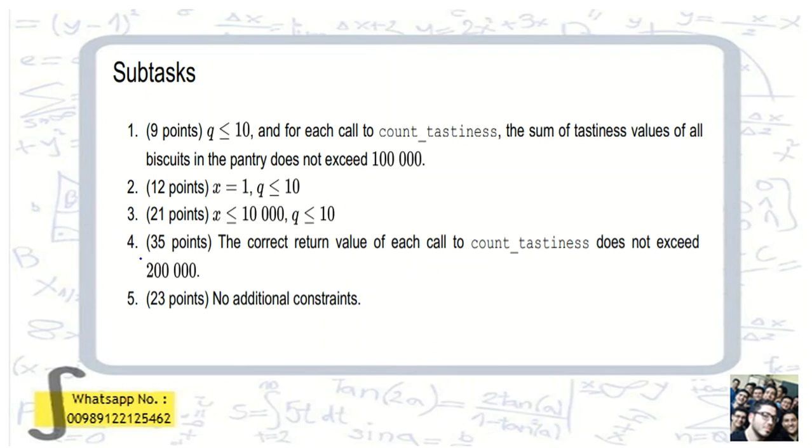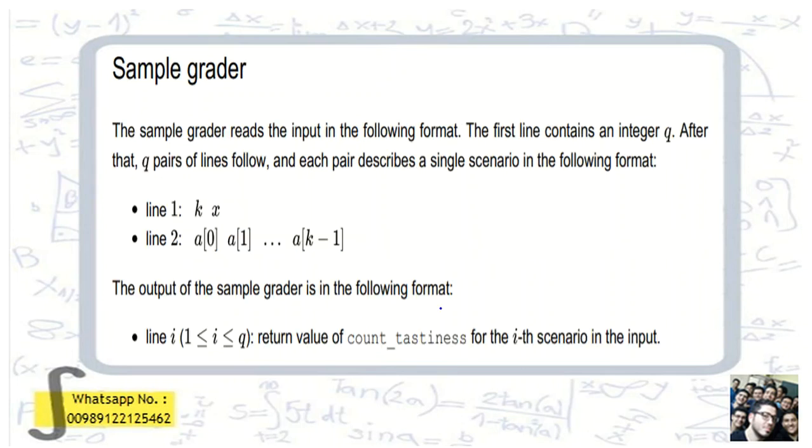It has 1, 2, 3, 4, 5 subtasks. We solve this problem without any constraints, so our solution would be okay for all these parts.